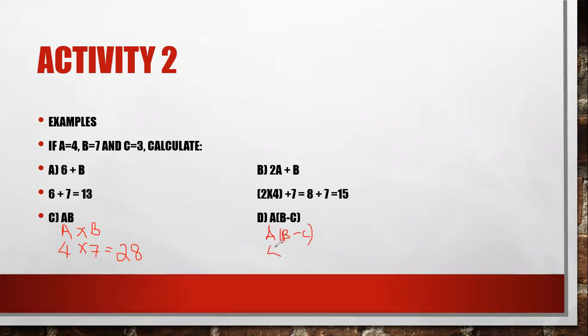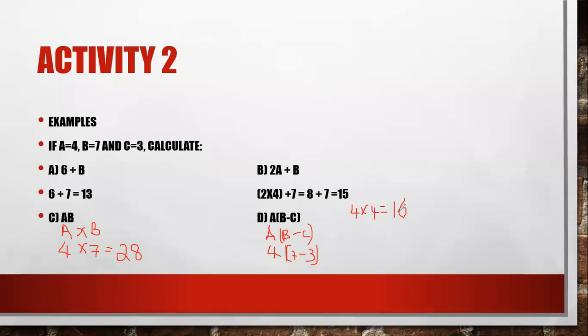So following BODMAS, we have brackets first. So we first solve what is inside the brackets, which is 7 minus 3. Then we remove the brackets and multiply 4 times 4, which we got out of 7 minus 3. The answer is 16. Is that what we all got?